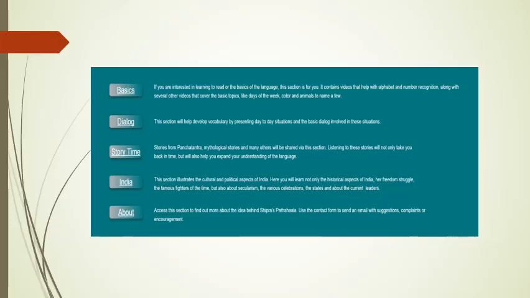The fourth section is a section that I hope will appeal to people who want to learn not only the cultural and historical aspects of India, but also want to be updated about the latest who's who about India. The last section is the About section, where you'll find out a little bit more behind shipraspathshala.com. You have a contact form where you can make suggestions, complaints, queries, or just simply encourage me to keep up the work.